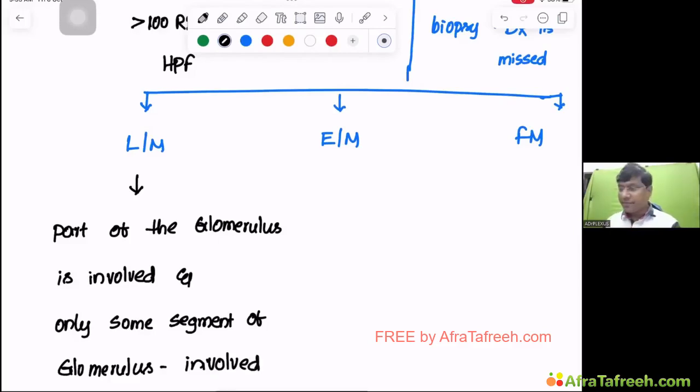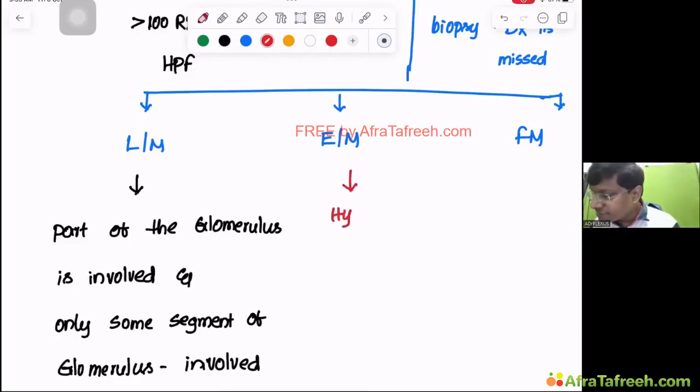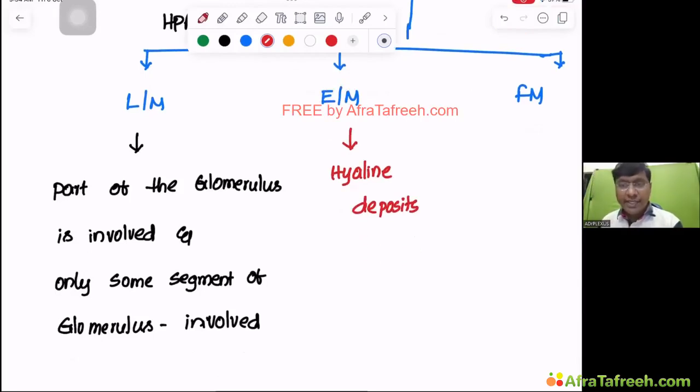Whereas in electron microscopy, you will observe the presence of hyaline deposits. Basically, which cells are affected in these patients? That is podocytes.